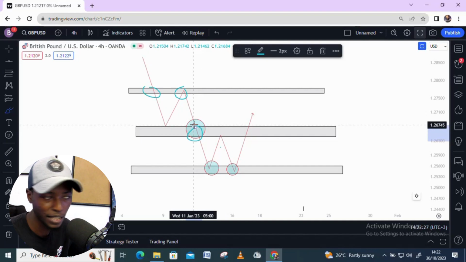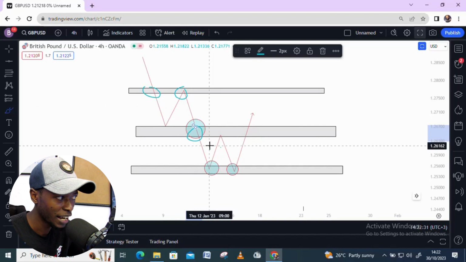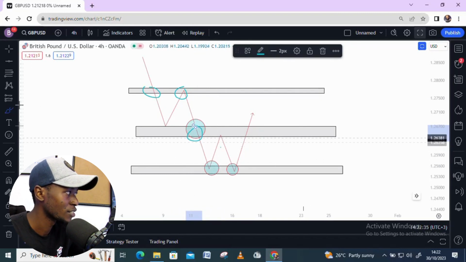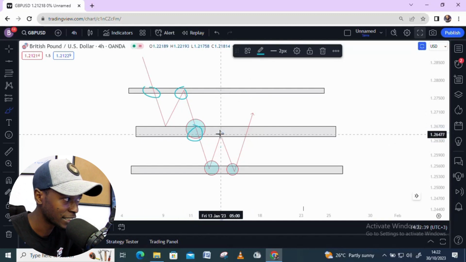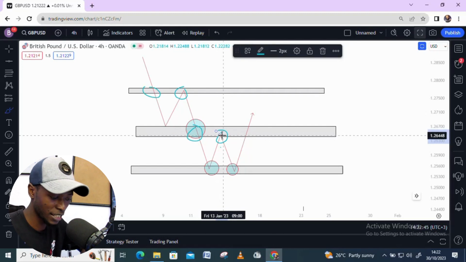It simply means that this was once support, but the market broke through and is now coming from the downside and becoming resistance. So this becomes a breakout and retest. This is the retest. Those are the three basic ways that the market reacts to these zones.